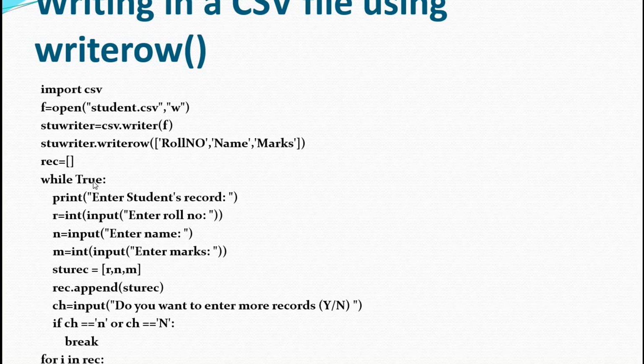Then while True, that means the loop is always true. Then print 'Enter student's record', this is a message. Then take the value of roll number r as an integer, n for name, m for marks. Then strec equals [r, n, m].